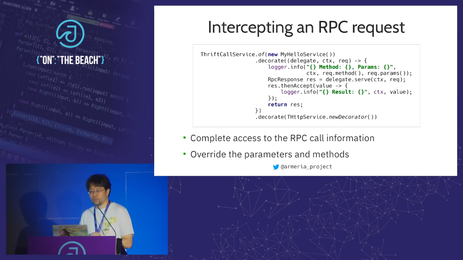And in the decorator, we now have more information, like the RPC method name, RPC parameter names, return values, and what exceptions were raised after the call is finished. So we have complete access to the RPC call information, and you can even override the parameters in the decorator, and you can even change the method name and change the return value or raise an exception when a client sent a wrong parameter. You can do everything.